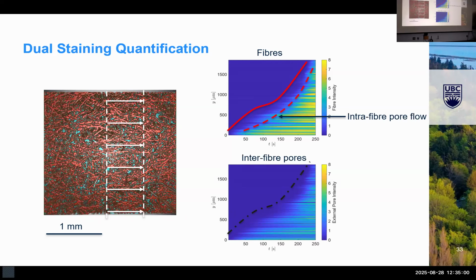We did some more analysis and compared it to the macroscopic results, and we feel pretty confident that this second front represents the filling of these intrafiber pores. So if we ignore the first wave and look at the second wave, we can quantify the rate that these tiny pores in the fiber wall are filling up.